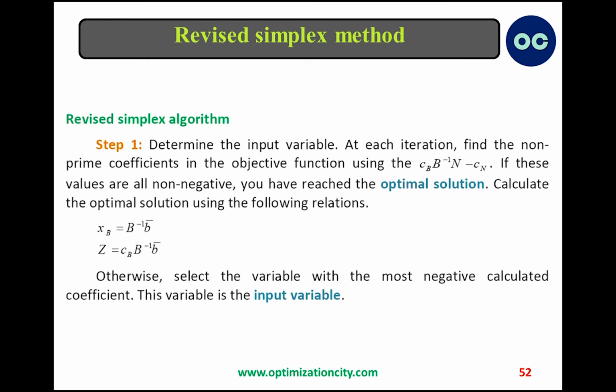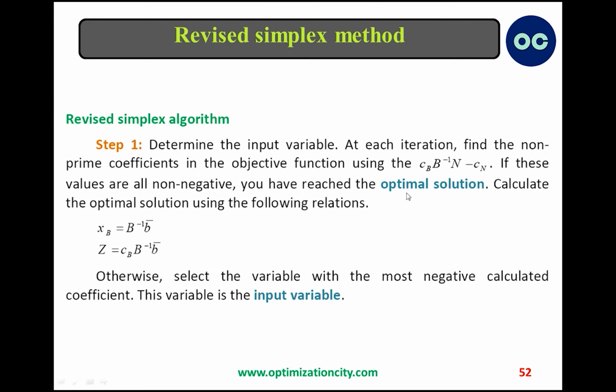So this is the first step. In the first step, we identify the input variable. In each iteration, use the formula C sub B B inverse N minus C sub N to find the non-basic coefficients in the objective function. If all coefficients are non-negative, the optimal solution is reached.